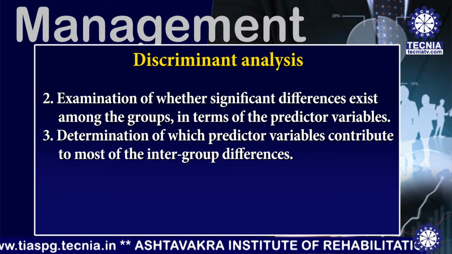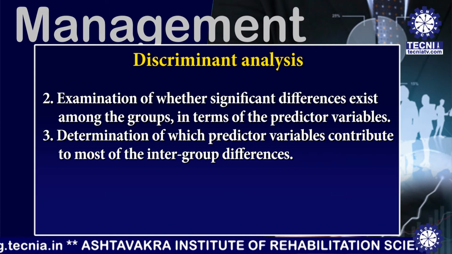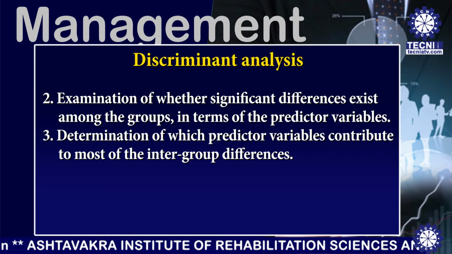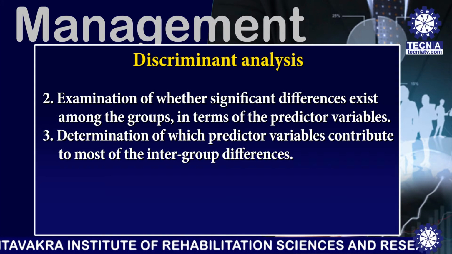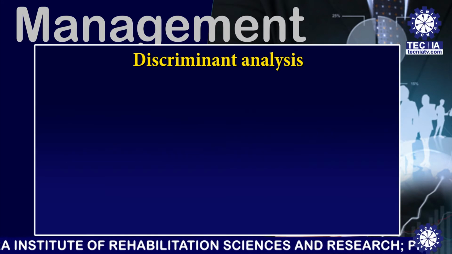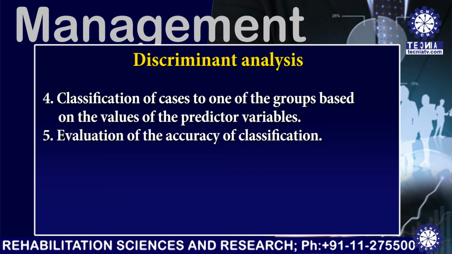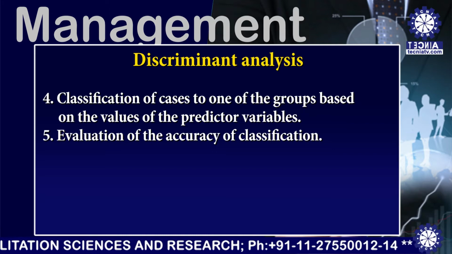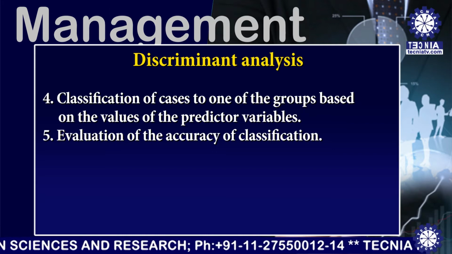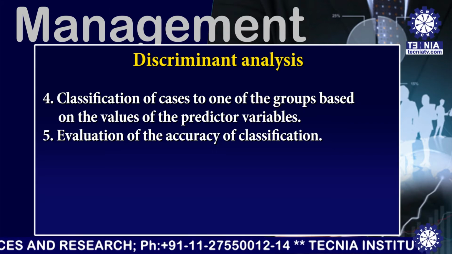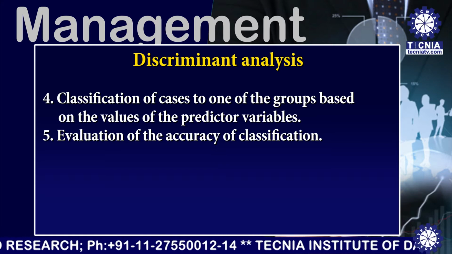Third one, determination of which predictor variables contribute to most of the intergroup differences. Fourth one, classification of cases to one of the groups based on the values of the predictor variables. Fifth one, evaluation of the accuracy of classification.